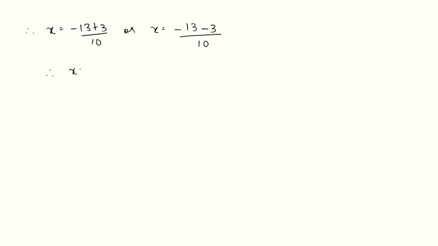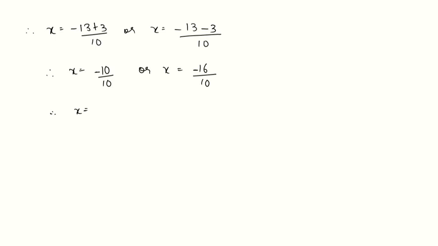Therefore, x is equal to, minus into plus is minus. So 13 minus 3 will give us 10. Sign of the bigger number is minus, upon 10. Or x is equal to, minus into minus is plus. 13 plus 3 is 16. Sign of the bigger number is minus, upon 10.